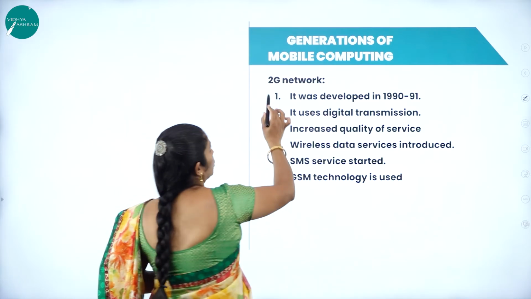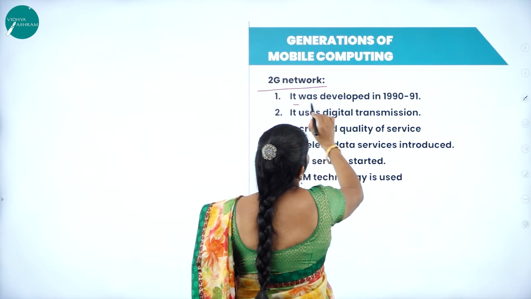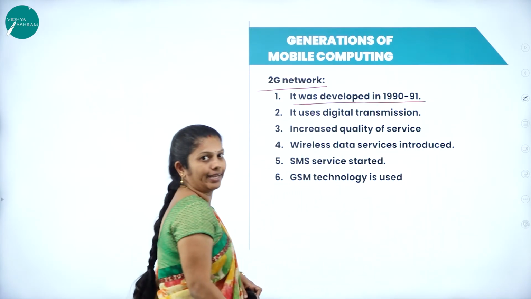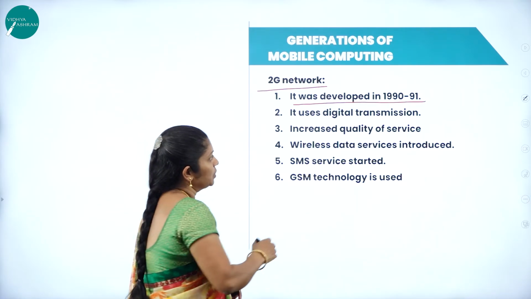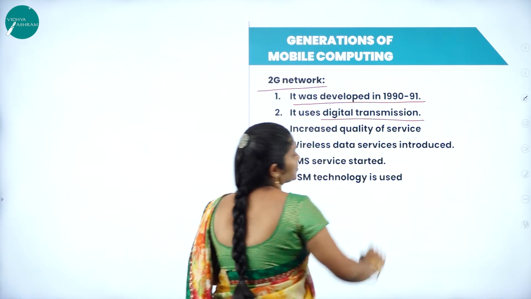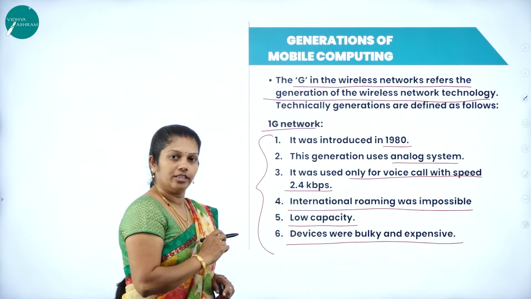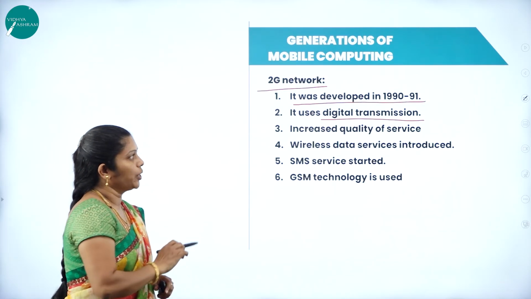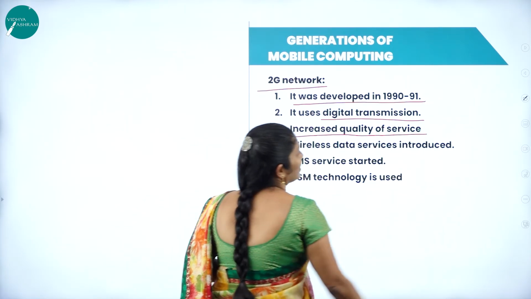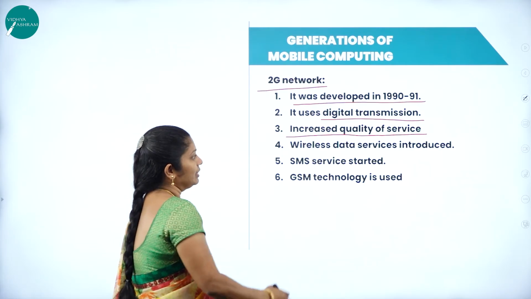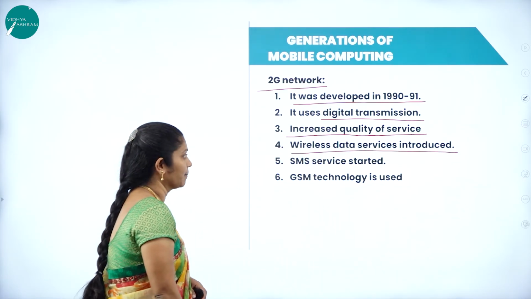Next we will move on to the 2G network. The 2G network was developed in 1990-91, and we call it the 2G generation. Here it uses digital transmission, whereas in the previous case, 1G, it uses an analog system. It increases quality of service, and with that, wireless data services were introduced.